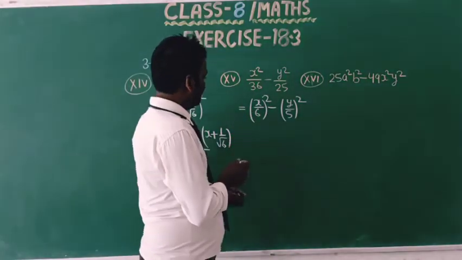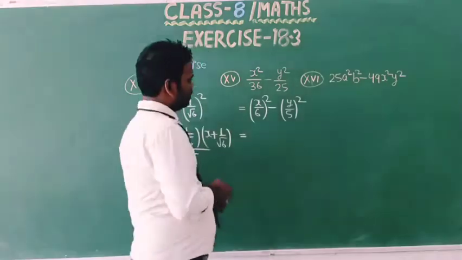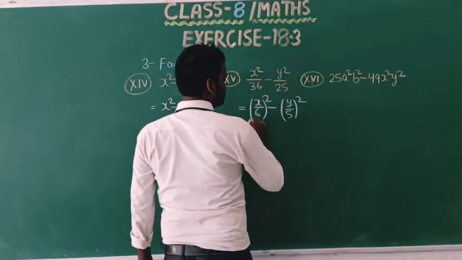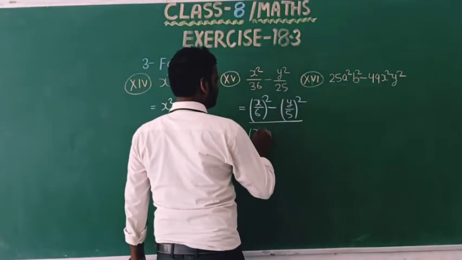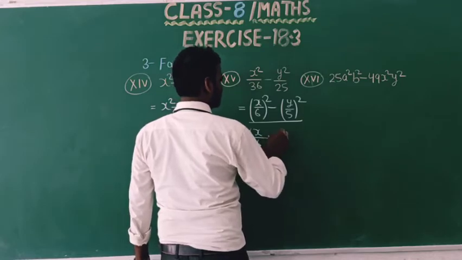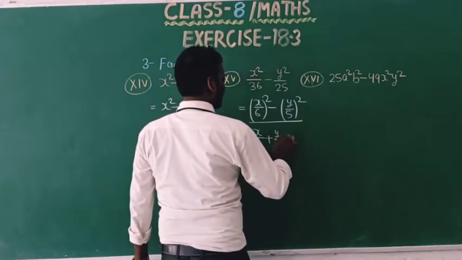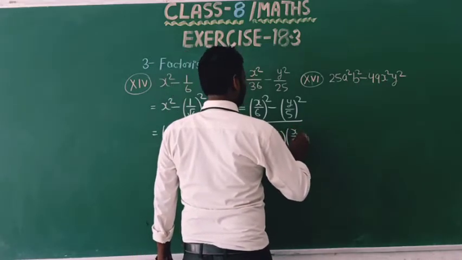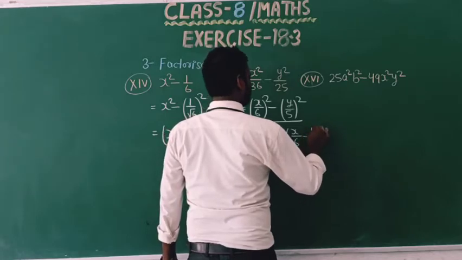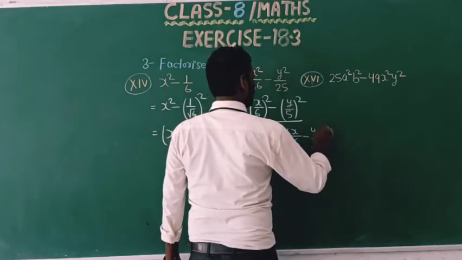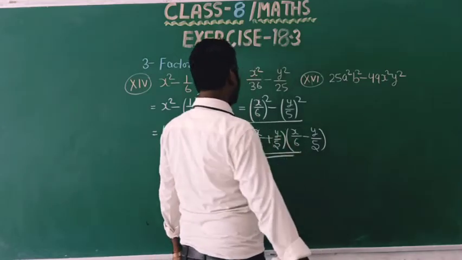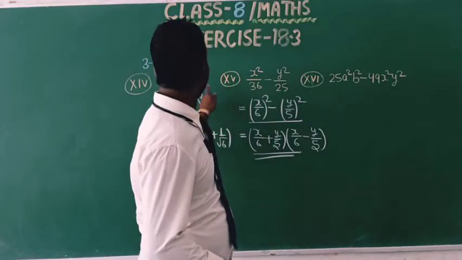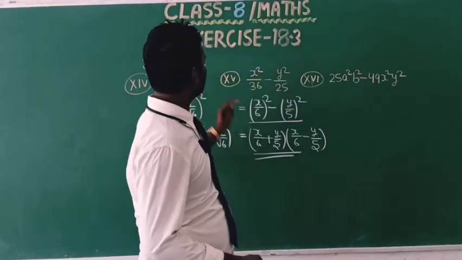Now using the identity a square minus b square, this expression becomes in one bracket x by 6 plus y by 5, and in the second bracket x by 6 minus y by 5. So this is the solution of the 15th part of question number 3.